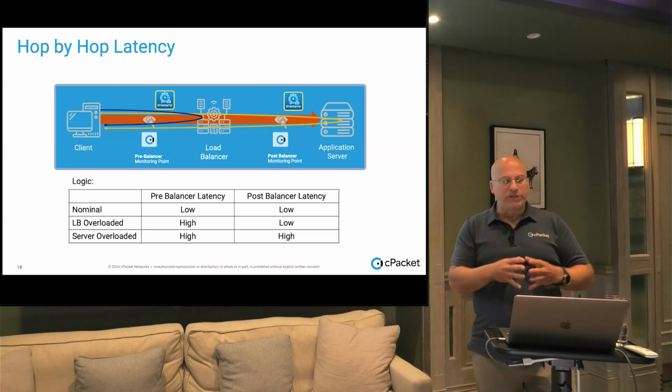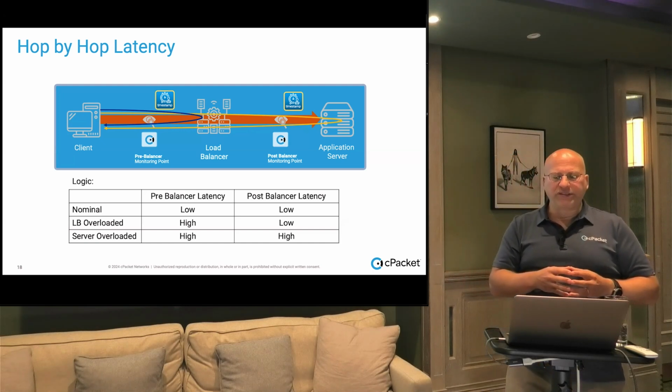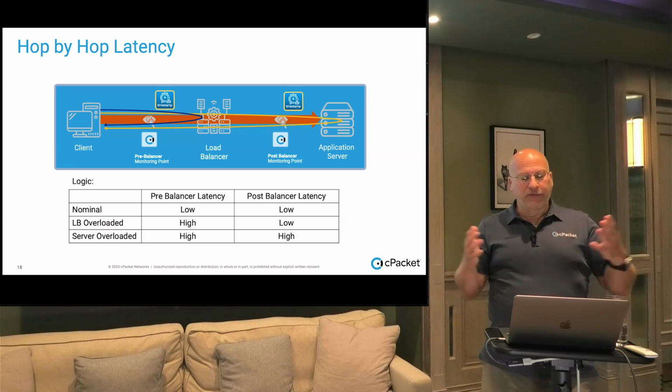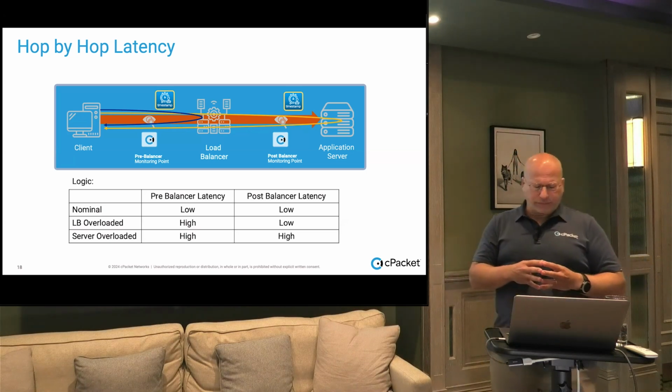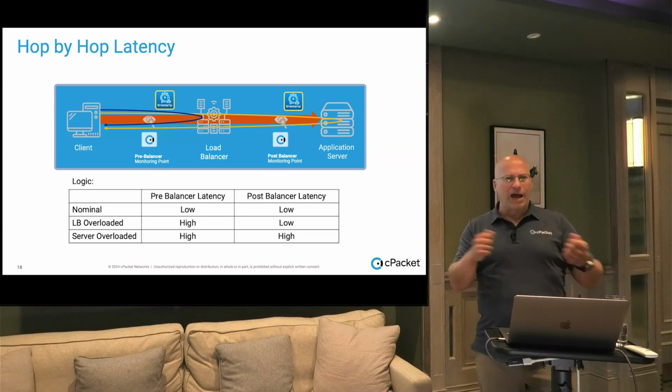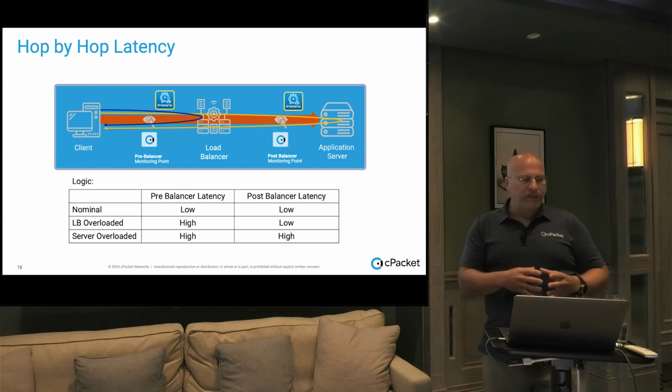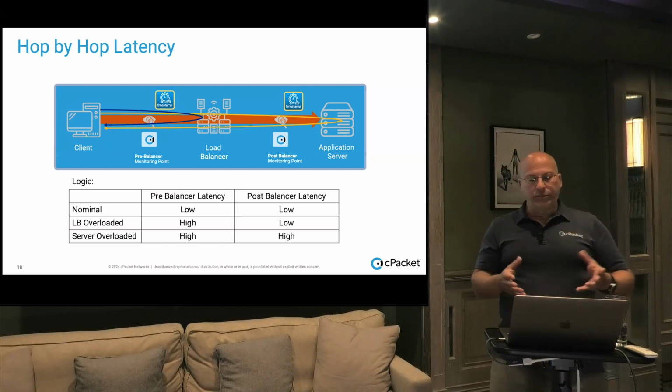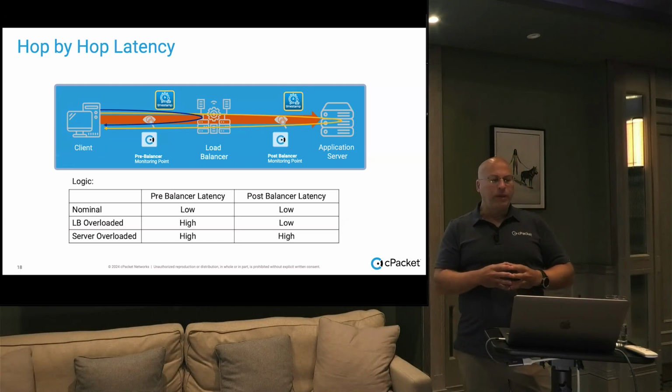So in this simple example, you can see that, if everything is good in the nominal case, the latency before and after this middle box that we named here a load balancer is low, which everybody is happy.